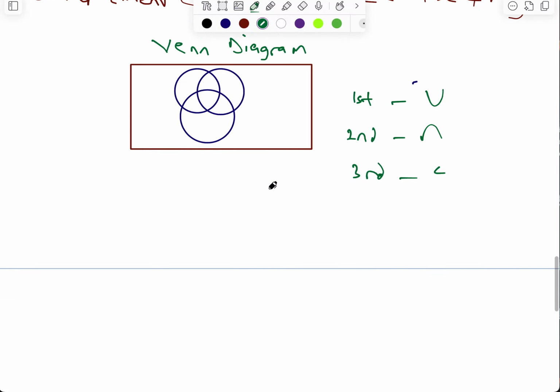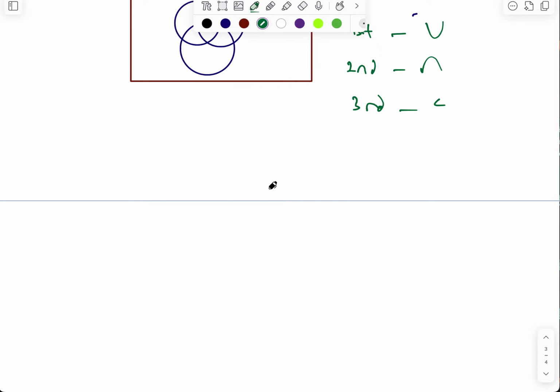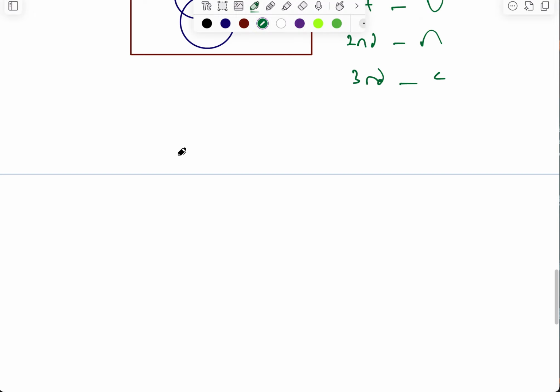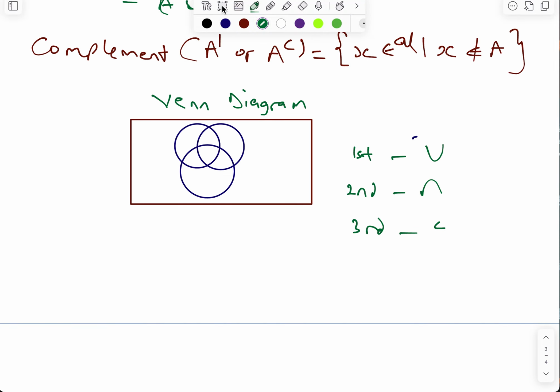So how do you do union? Union is very, very easy. It is the easiest of them all. I'm going to be using three sets.